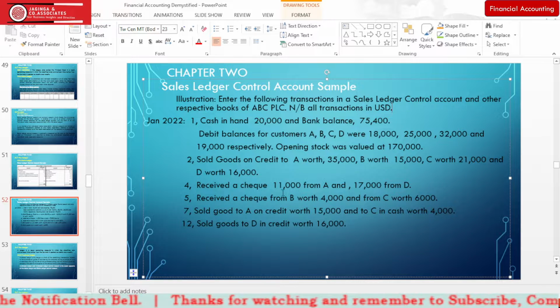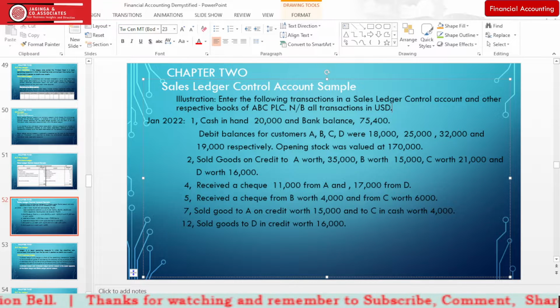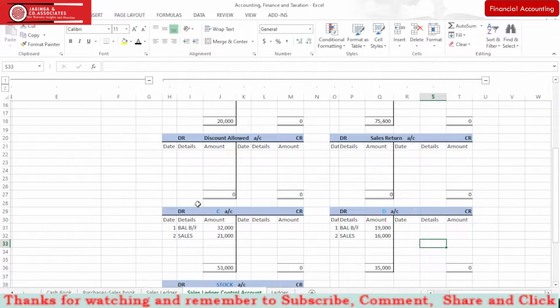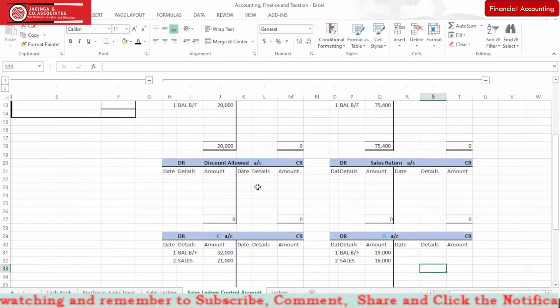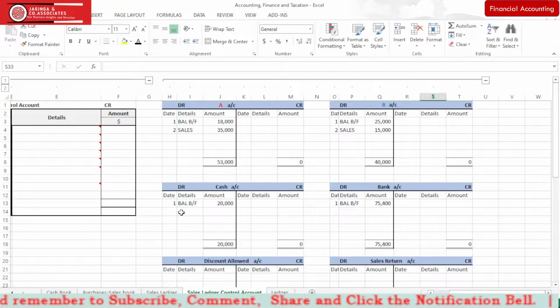So here we'll come to the individual accounts. So first we have to do the double entry for the cash received.